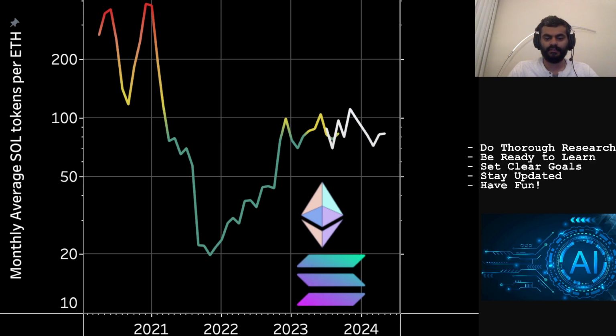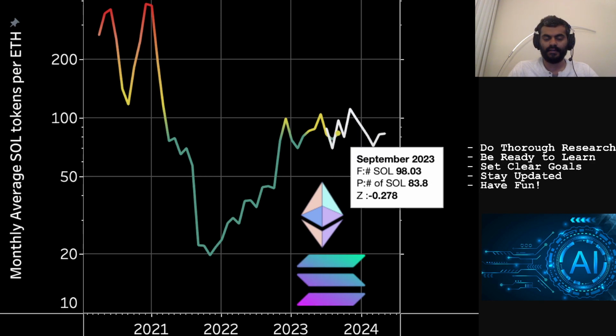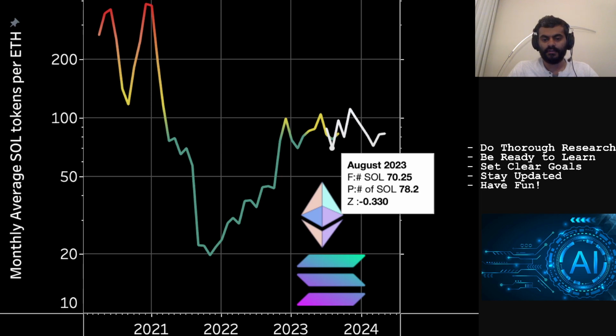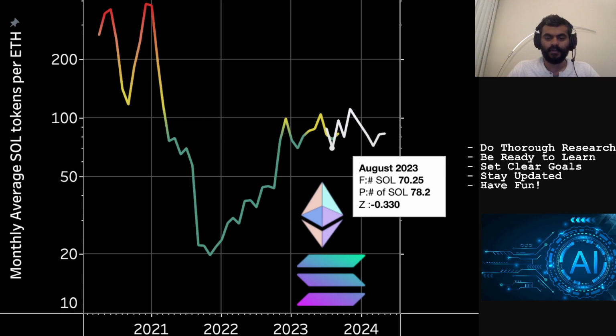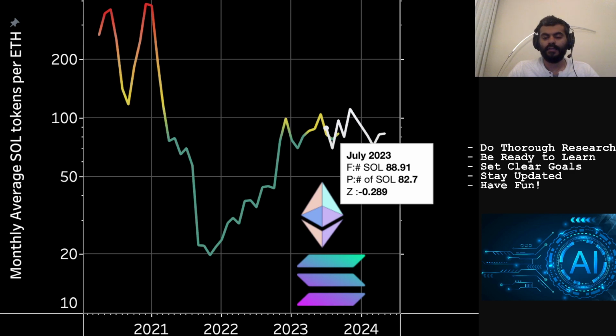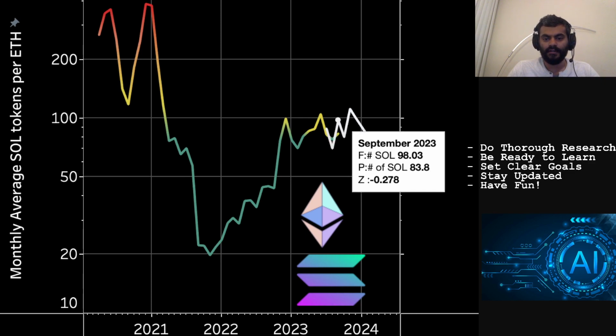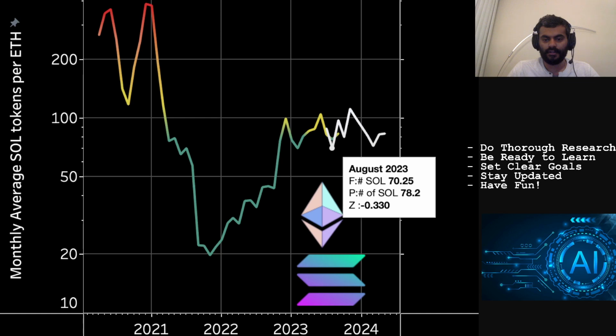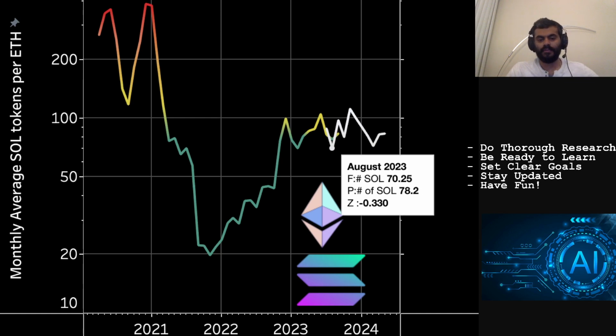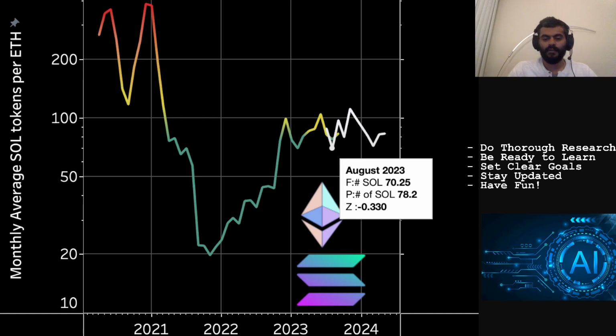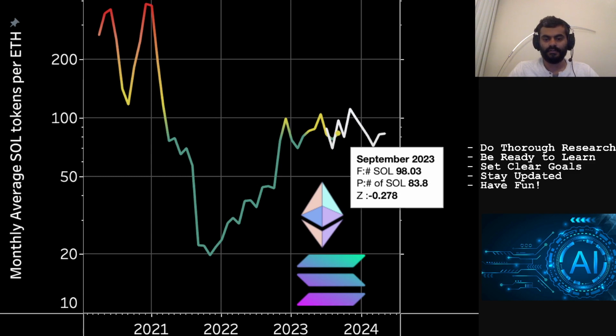This is the second or third time I've covered this particular pair on the channel, the ETH by SOL. The performance of the model since July 2023, since we started covering this one on the channel, is color coded in white, whereas the actuals are color coded in yellow and green. So you can see I have superimposed the performance of forecast versus actual on this chart.